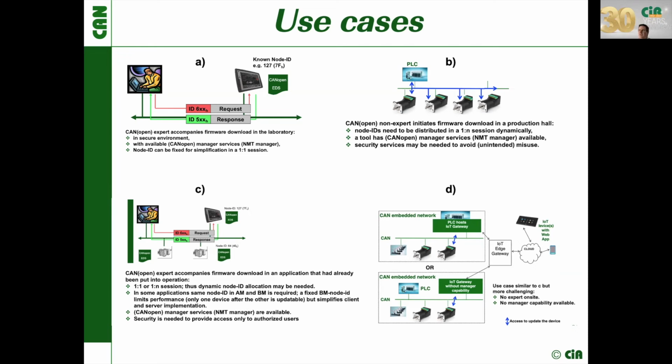This makes life easy, but depending on the use case, there's not necessarily the engineer available, familiar with CANopen, but maybe just some staff assisting here the production line. So we have to think at least about some security mechanisms against unintended misuse. So that should be covered here.